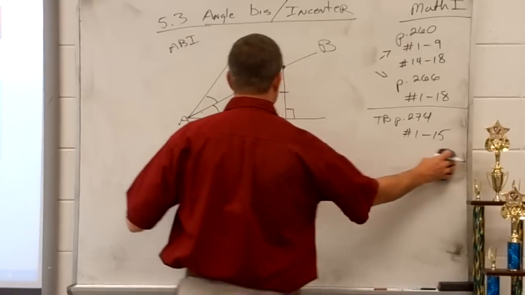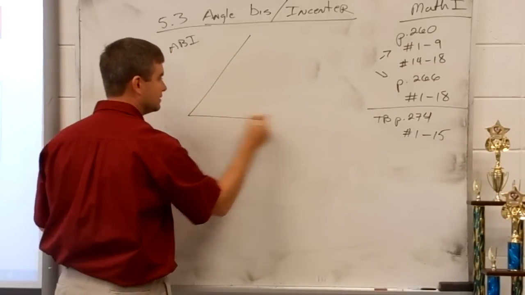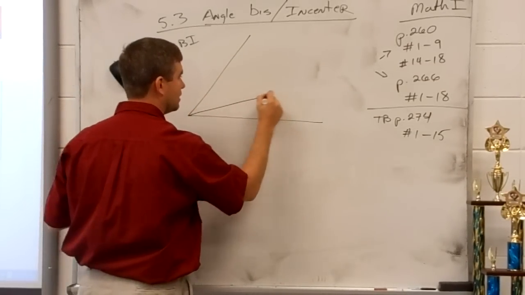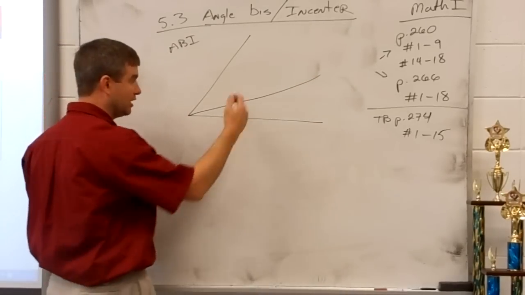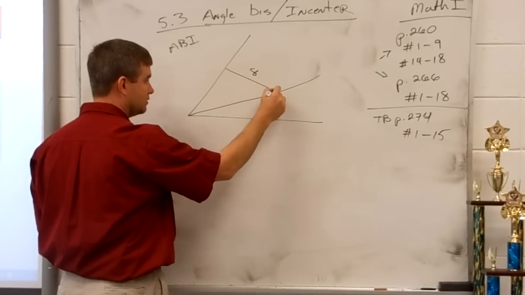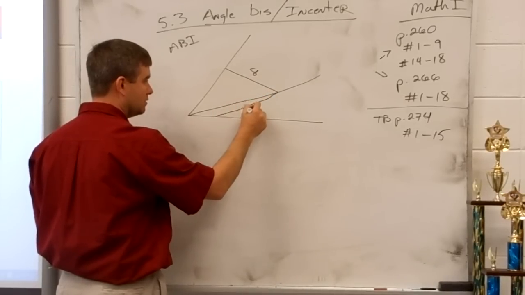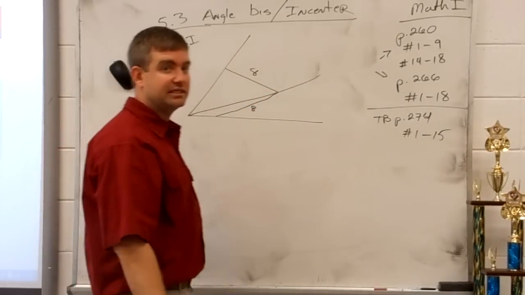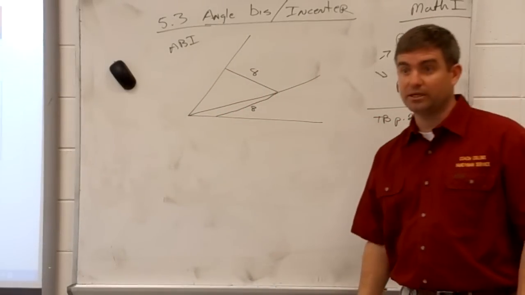Let's look at a counter example. A counter example to that would be this. First of all, is that the angle bisector? No, it doesn't look like it. Could both of those distances be 8? Yes, they could be.